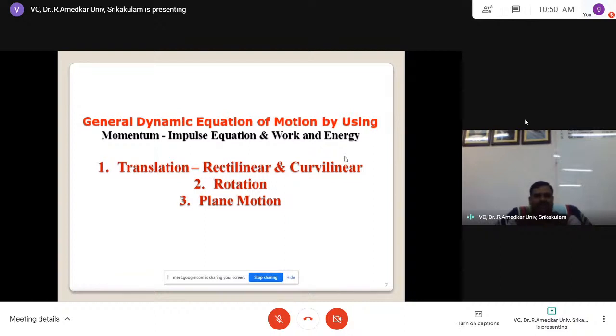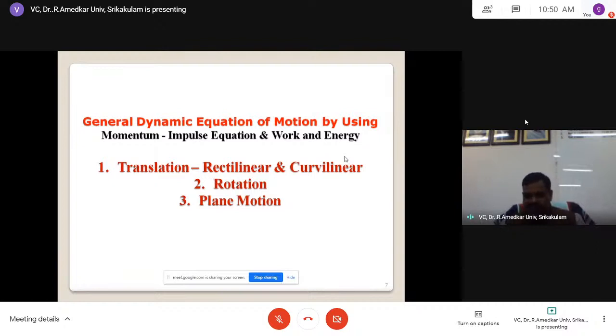Now let us start with the general dynamic equation of motion by using momentum impulse and work energy. Here, see what we are going to consider first, a translation.